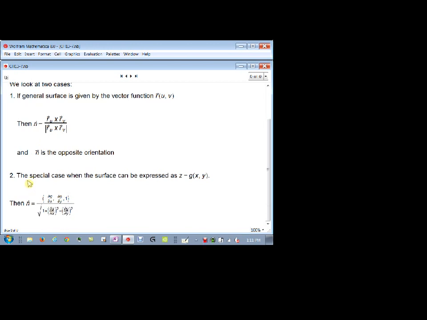Now, the special case when the surface can be expressed as z equals g of x, y. So I want to show you where this normal vector special case comes from, all right? So that's what I'm going to do now.